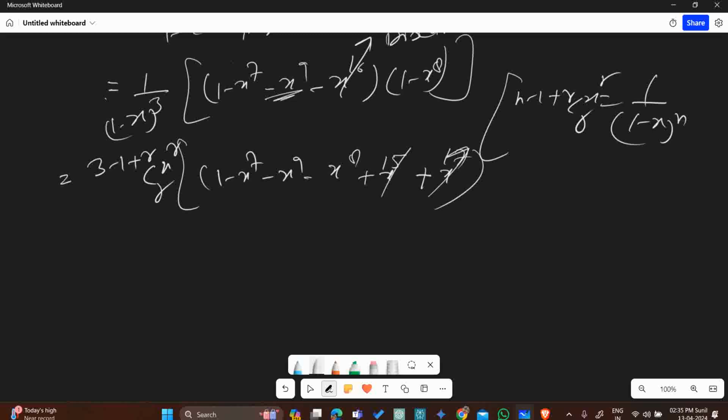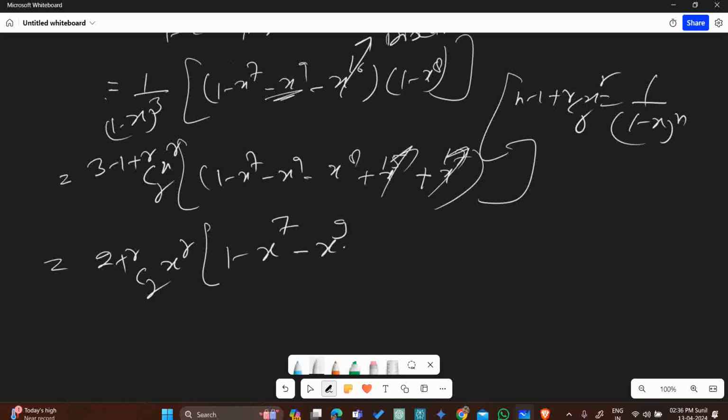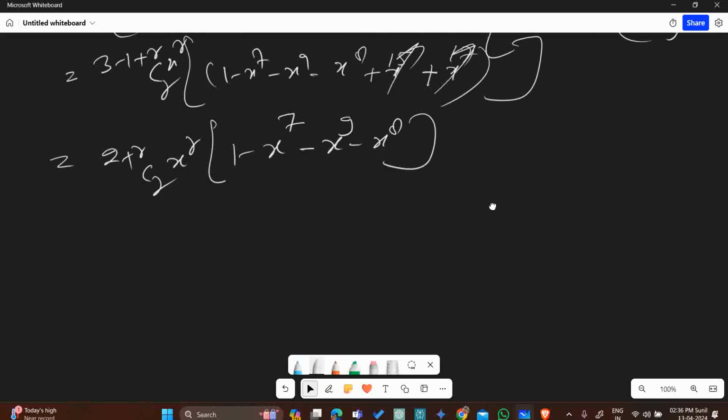So these all are discarded, which are greater than 11. So we have to select the coefficient (2 plus r) C r x^r. You have to select the value of r such that after multiplication it gives the value 11 altogether, right? So for this we have to select 11 only.